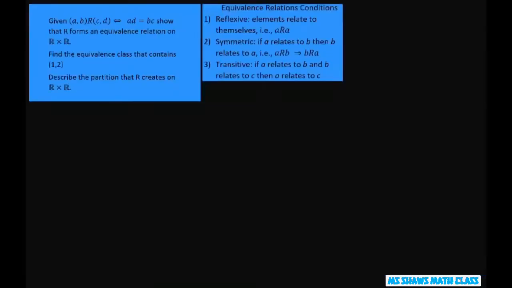So let's get started. The first thing we have to do is show that R forms an equivalence relation. So we have to show that it's reflexive, symmetric, and transitive. So our question is, if we take (A, B), is it related to (A, B)?